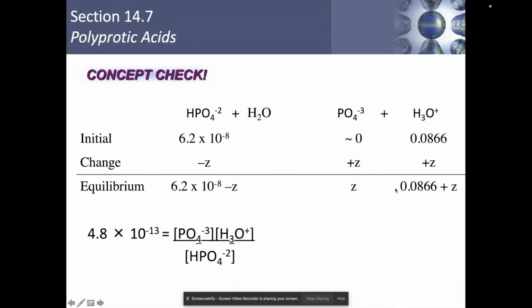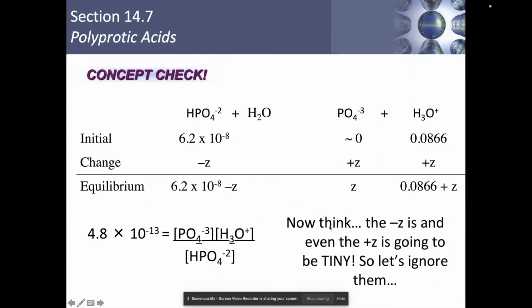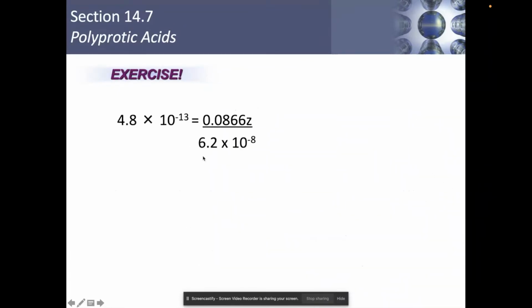So Z would go here, 0.0866 plus Z would go here, and our equilibrium constant minus Z would be right here. Now I'm going to do the exact same thing. I'm going to assume this is tiny and that that is also tiny, so we're going to ignore them. Now we're going to be able to plug everything in. I'm basically multiplying these two by each other, so it's going to be tiny, and then I'm going to divide it by that number. And so we end up with 3 times 10 to the negative 20. That is ridiculously tiny, and that would be the amount of phosphate ion that we would have in there.